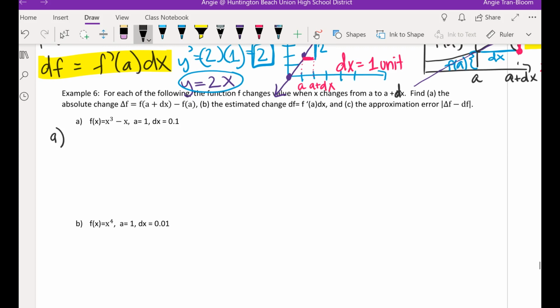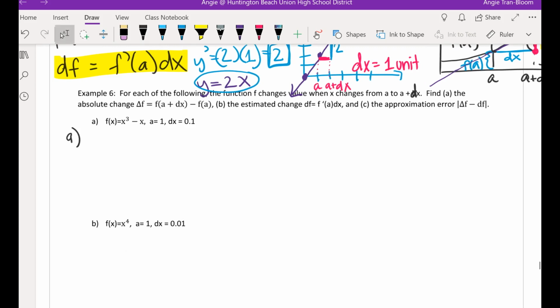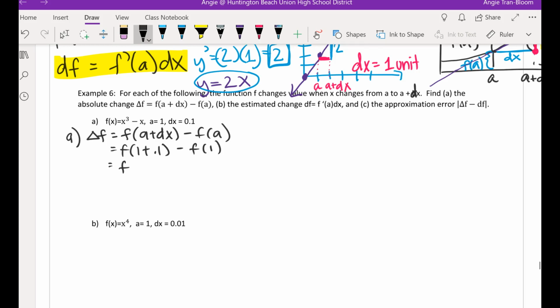So part A, we want to find the actual change, the absolute change. The actual change is y2 minus y1. In this case, it's f of a plus dx minus f of a. And they gave you a is 1, dx is 0.1, minus f of 1. So this is really f of 1.1 minus f of 1. And then we just have to plug it in. So first bracket, 1.1 to the third minus 1.1.